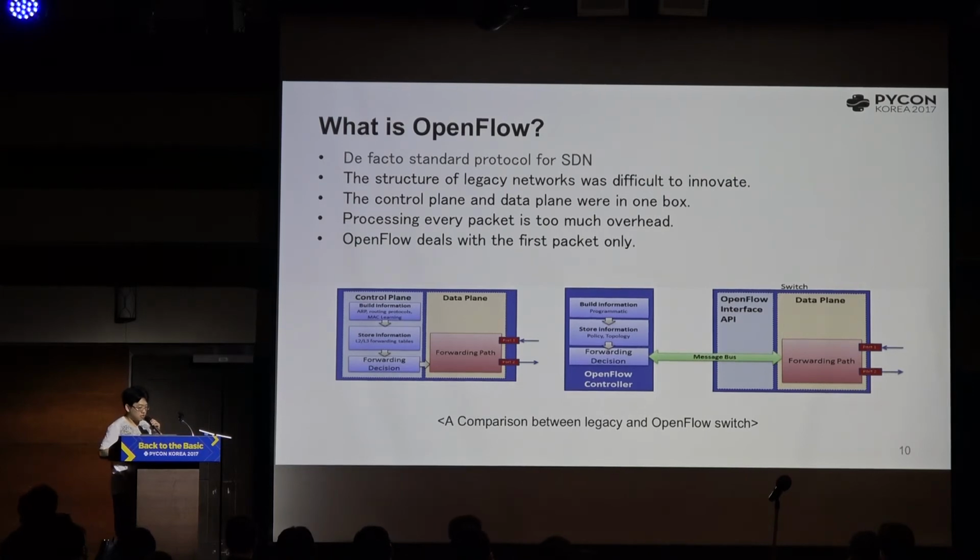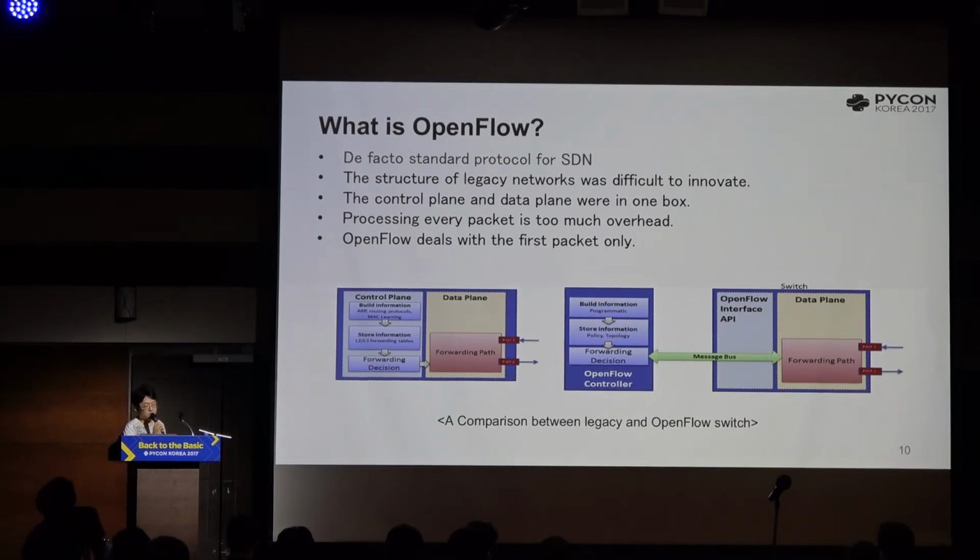That was really well accepted. Before OpenFlow, there were ideas like a DPI kind of approach, but that was too much overhead to innovate the network. OpenFlow deals with only the first packet of a flow, so it is much more efficient than other approaches.